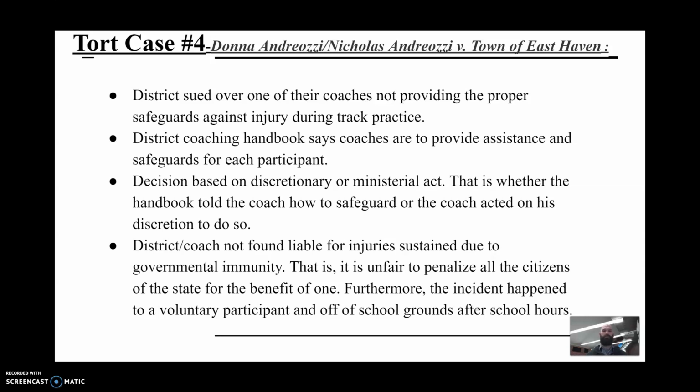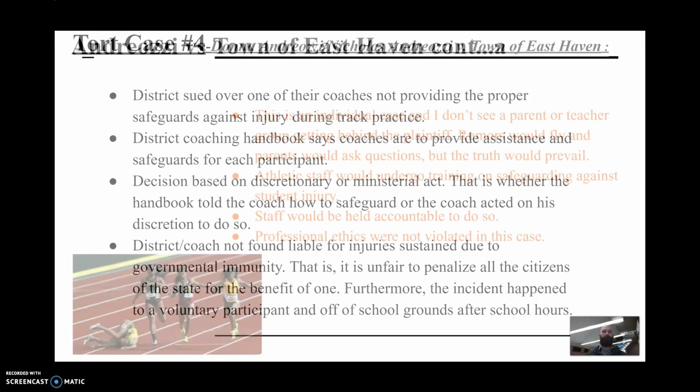The fourth case is Andreozzi versus Town of East Haven. The district sued one of their coaches over not providing the proper safeguards against injury during a track practice. A student was injured, and the coach was found not liable for injuries sustained by that student.